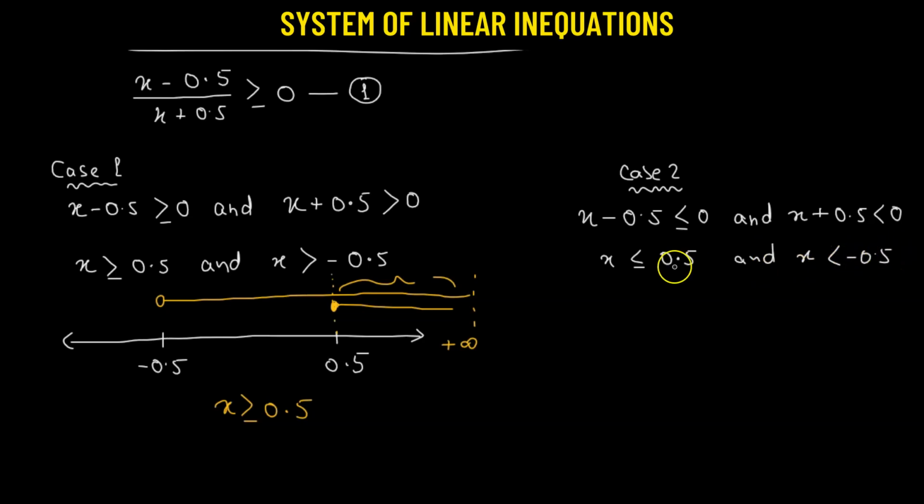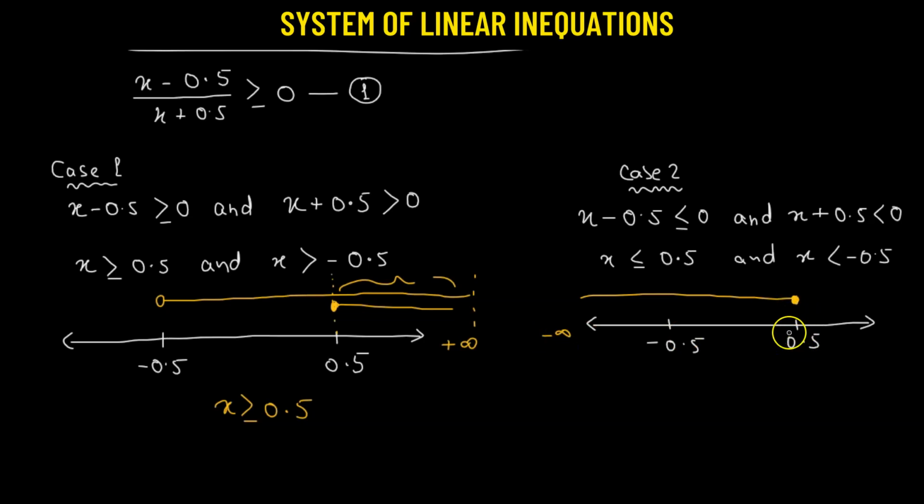So we'll have to find a common solution to both the two inequalities. So we'll have a number line. On the number line, we'll consider x equals negative 0.5 and x equals positive 0.5. Fine. So x less than or equal to positive 0.5 means we'll consider all the values of x which are less than 0.5. That means it's going to lie to the left of positive 0.5 and extend all the way to negative infinity, and it's also going to include 0.5.